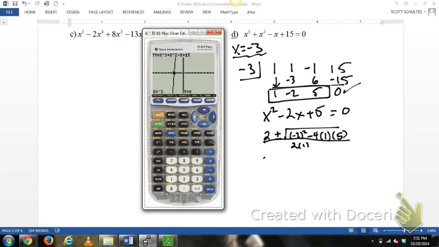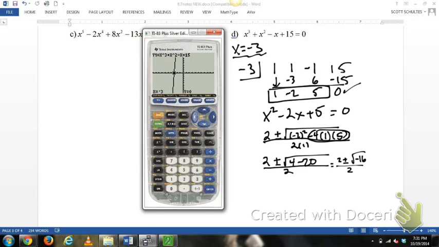So that's going to turn into 2 plus or minus the square root. -2 squared is +4. And -4 times 1 times 5 is going to be -20. That's going to be all over 2 times 1 or 2. That is 2 plus or minus the square root of -16 over 2.